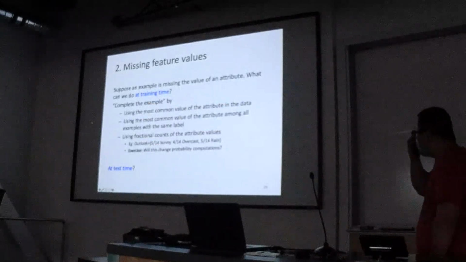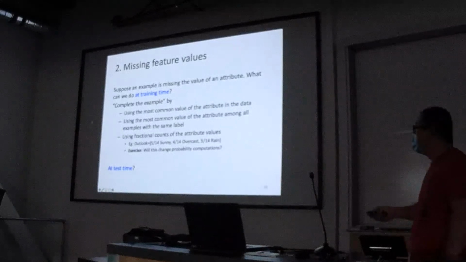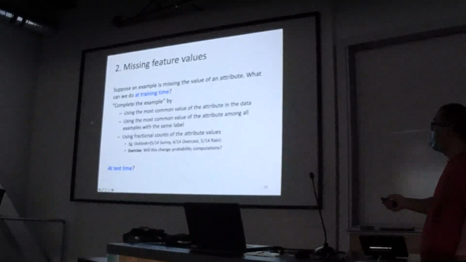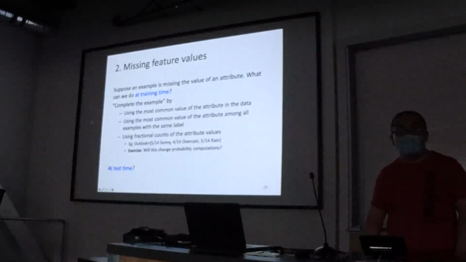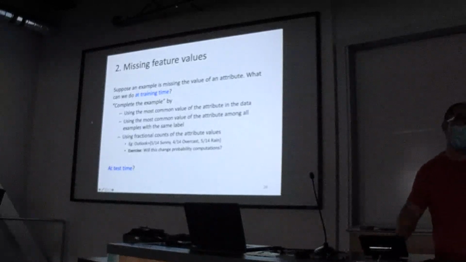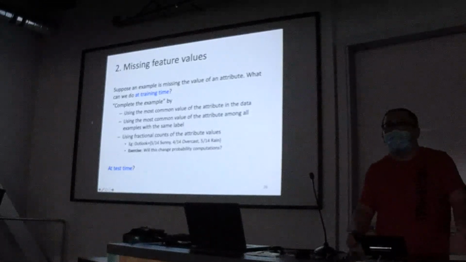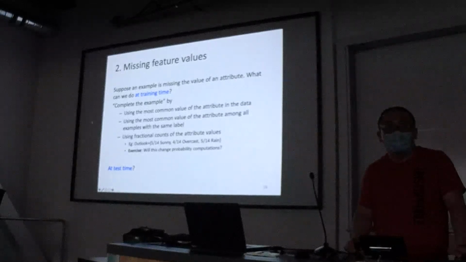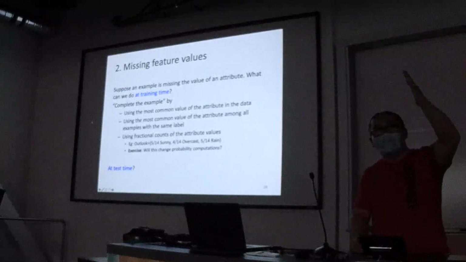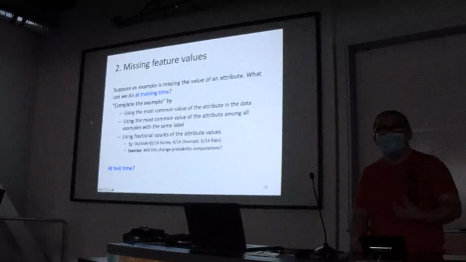Okay, so we haven't talked about how, in training, we incorporate the missing attribute examples. But what about at test time? You are given an example, and you don't know the Outlook feature. Remember the testing procedure: you test from the root node, find a path until you reach the leaf node, and then provide a label.